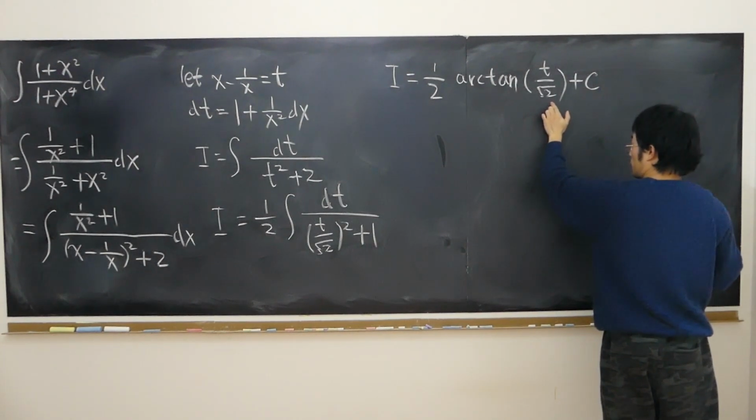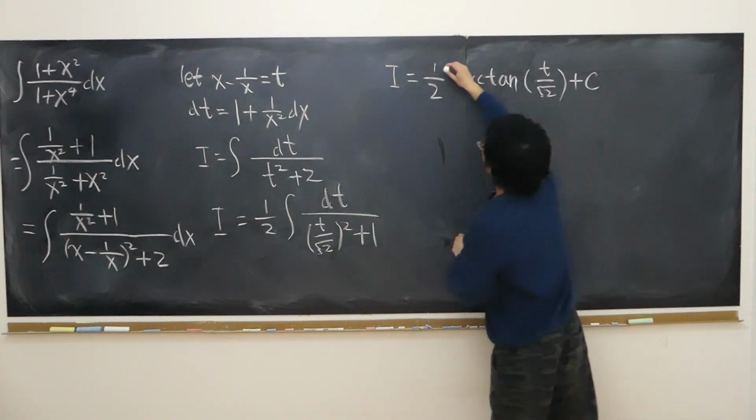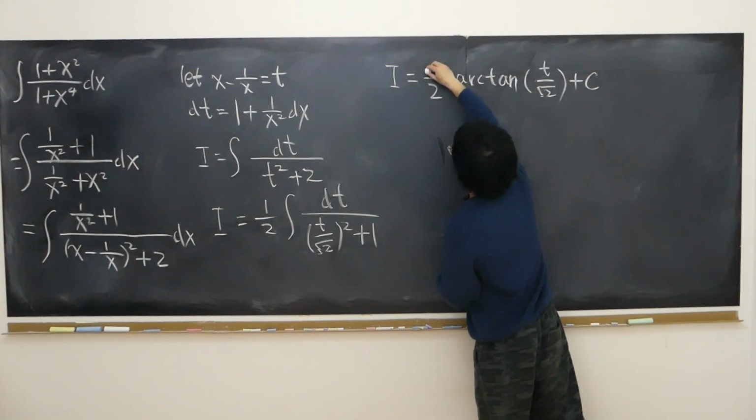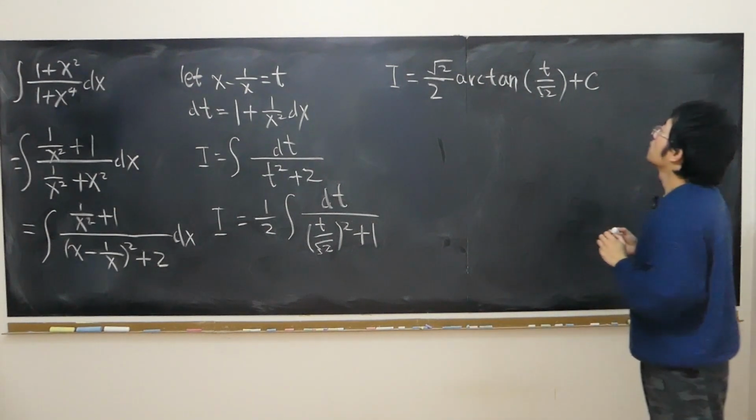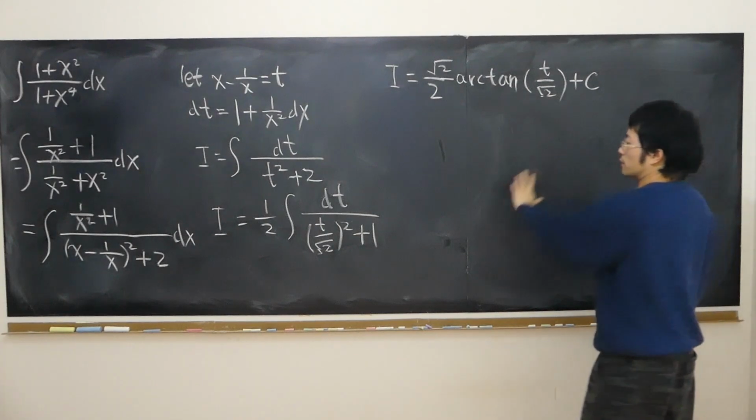In order to cancel this coefficient, I have to multiply by its reciprocal. The reciprocal of 1 over square root of 2 is just square root of 2. So I have to put a square root of 2 up here, so that when I differentiate, this will exactly become that.